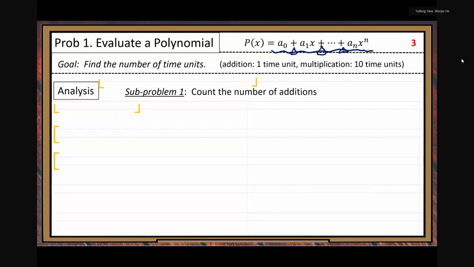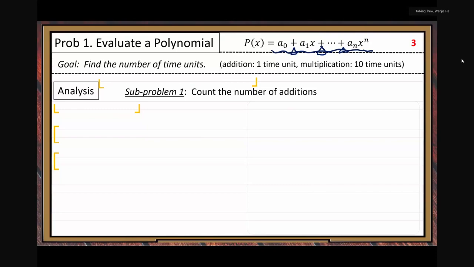Here I introduce an effective way: when we get lost, we want to find some fixed milestones or reference points to help us keep track of those plus signs.